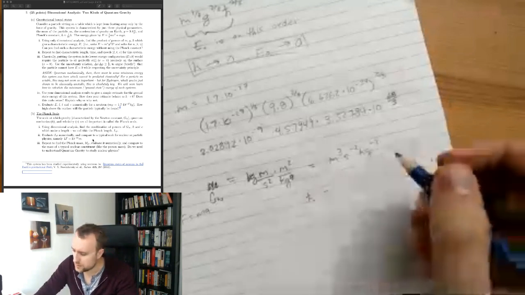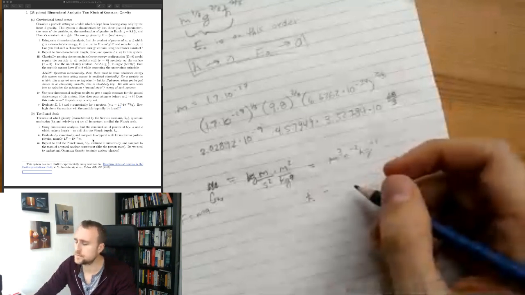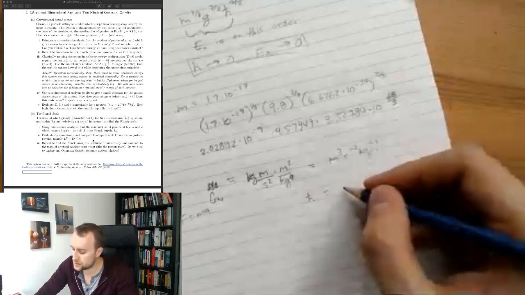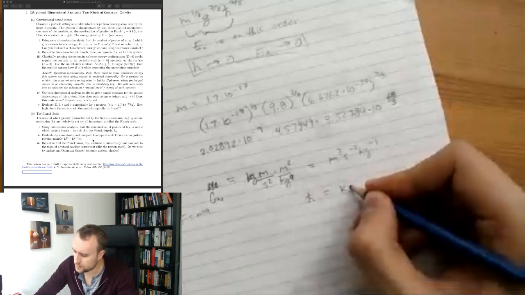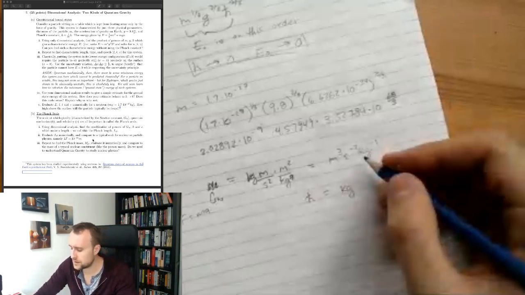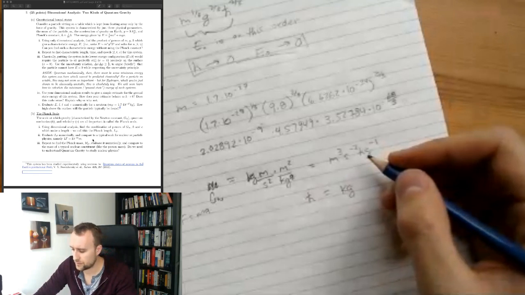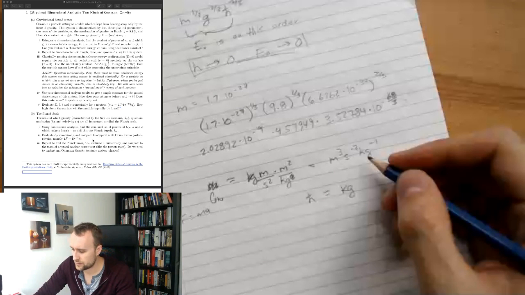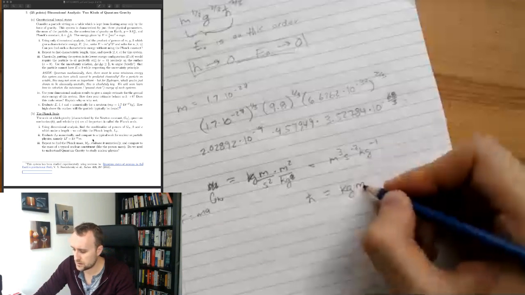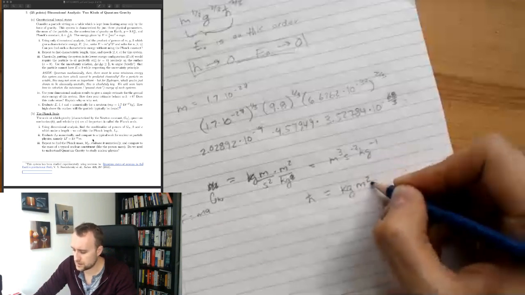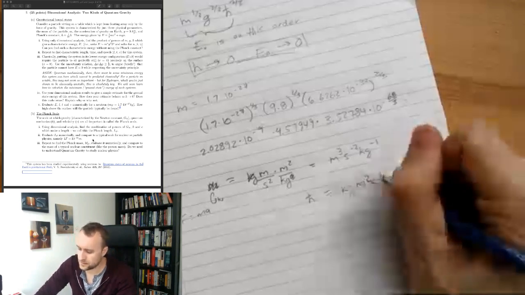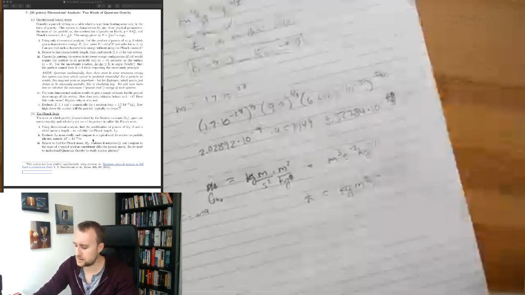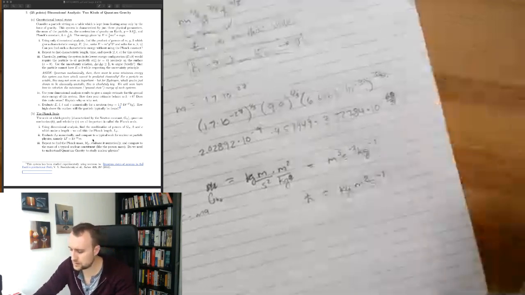Then we have h bar, which we already know was, let's see if I can recall it from memory. H bar is, again, a force times a distance. So we have kilograms meters squared, and then there's an additional second, so we lose one of these.